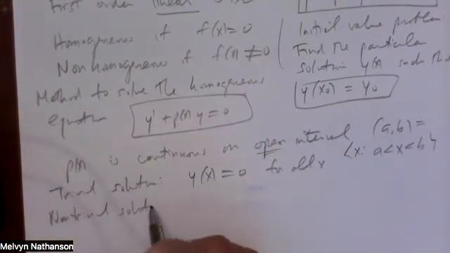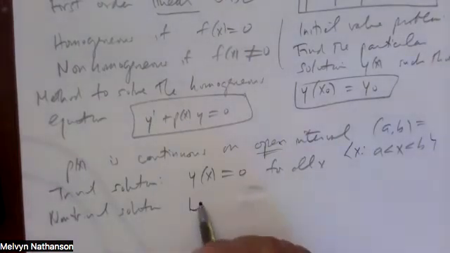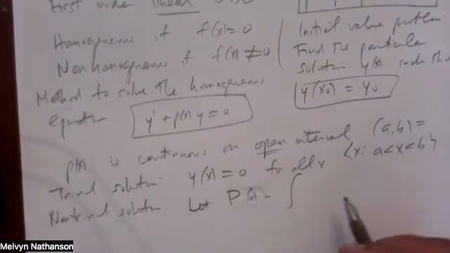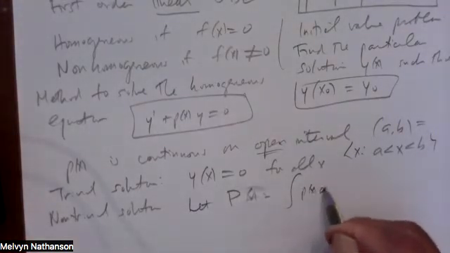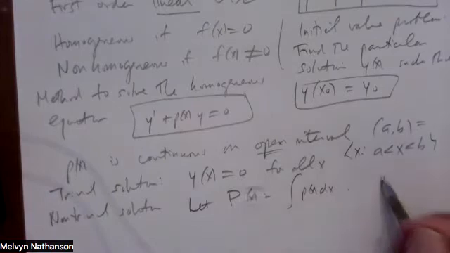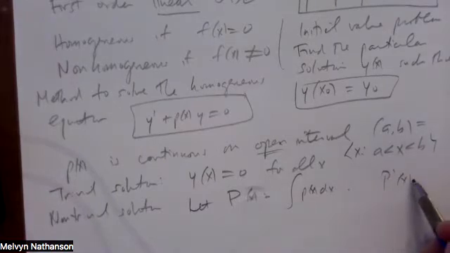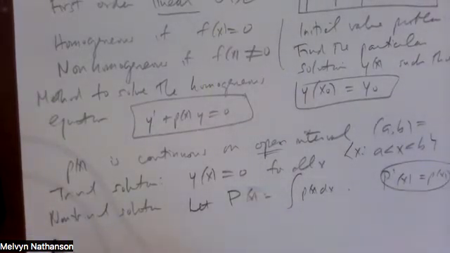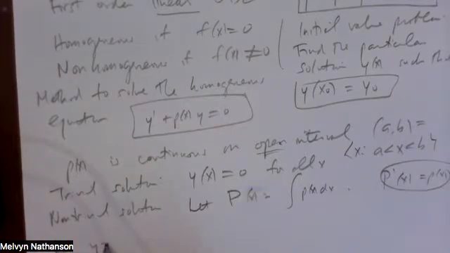Well, one thing we can do is to let capital P of x be the antiderivative of the function little p of x dx. So that means that capital P prime of x differentiated gives you little p of x, right? That's the indefinite integral. And if we let y be c e to the minus P of x, right?